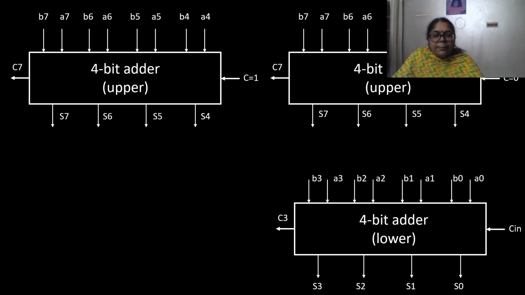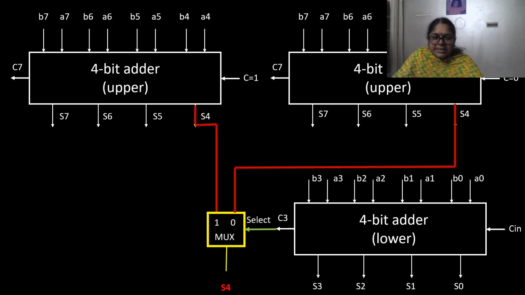Now, which particular sum and the carry have to be taken depends upon the C3 value generated, that is obtained by using the multiplexer. So we can see here that S4 of the 2 blocks are going to be given as input to the multiplexer, that is 2:1 multiplexer, and C3, that is the output carry of the previous block, acts as a select line.